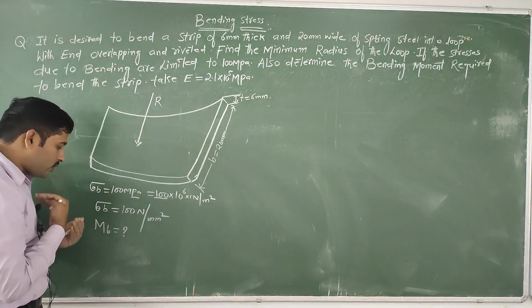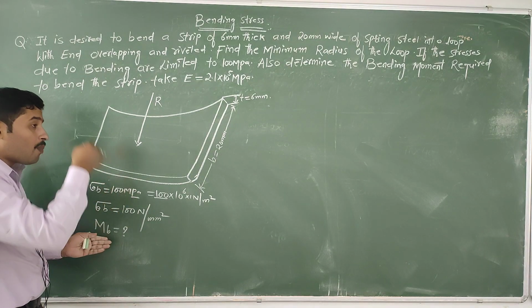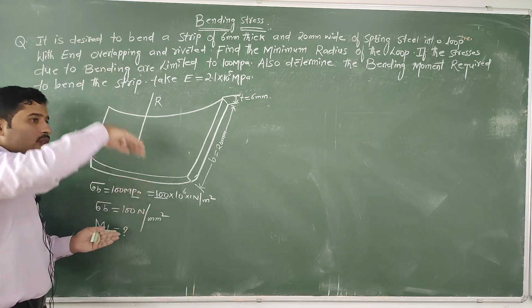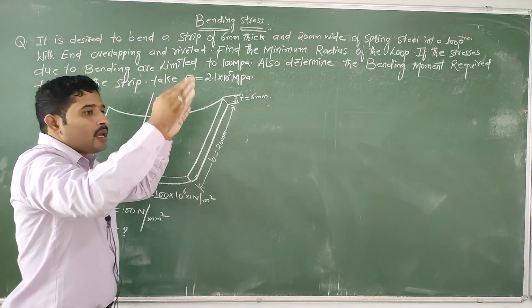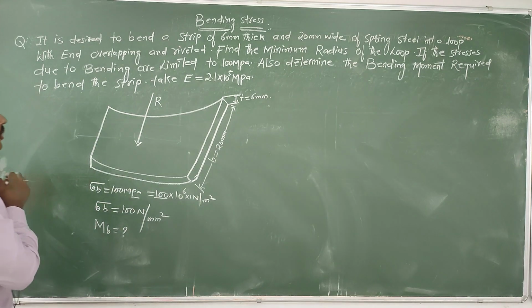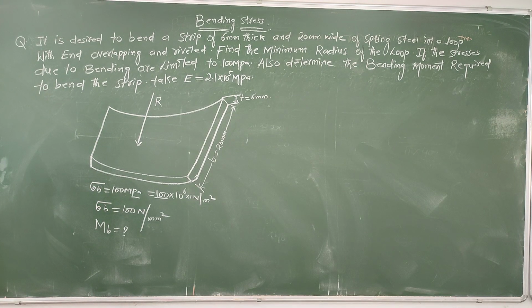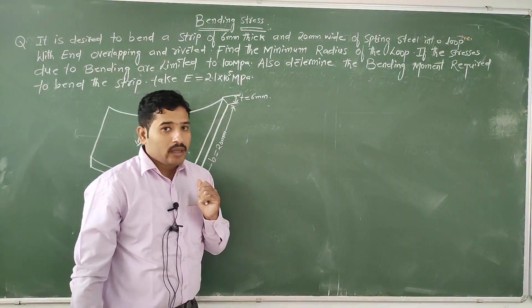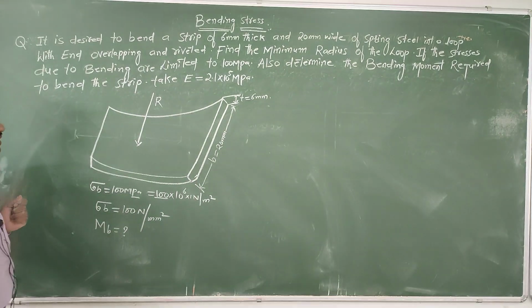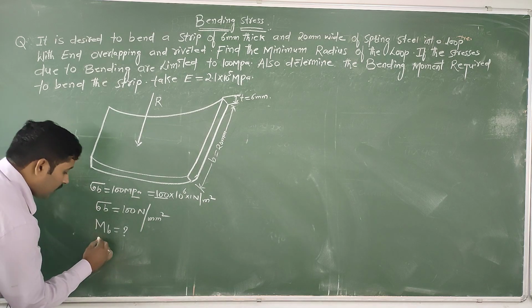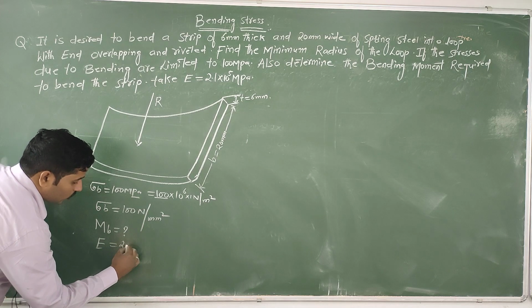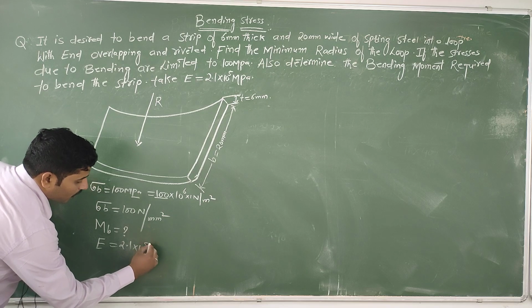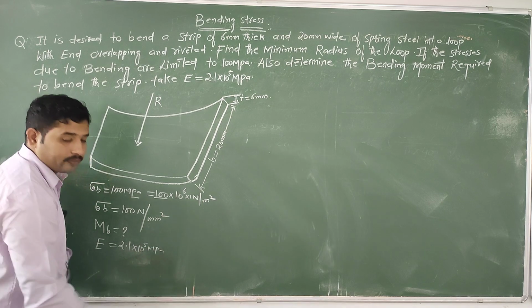So we need to find how much load is applied to bend the strip. Take E equal to 2.1 into 10 power of 5 megapascal, the modulus of elasticity.